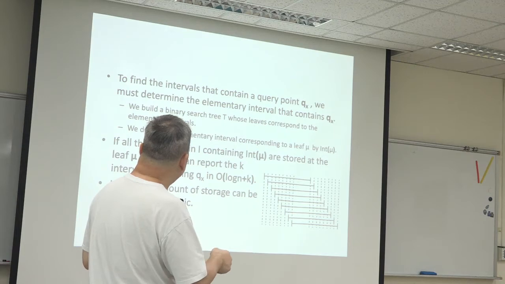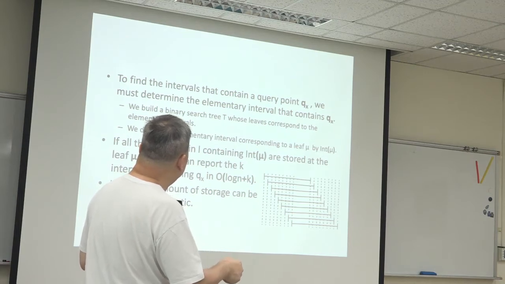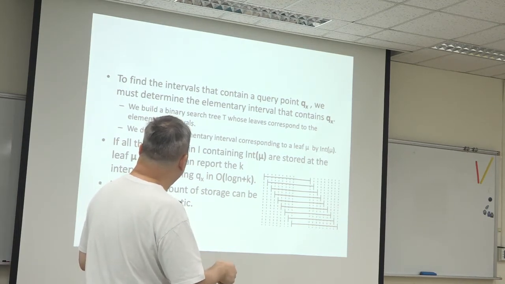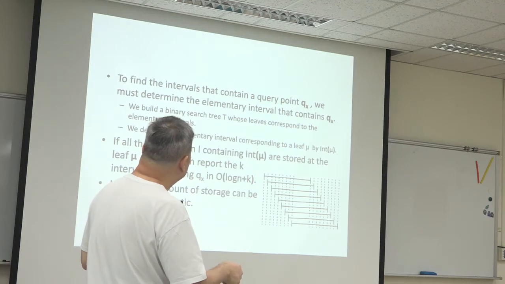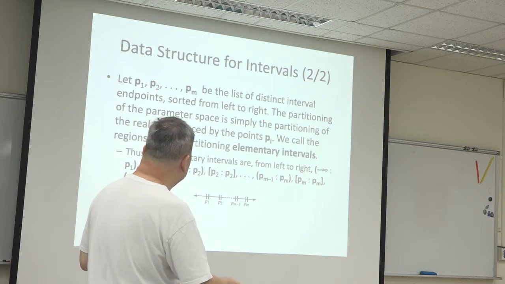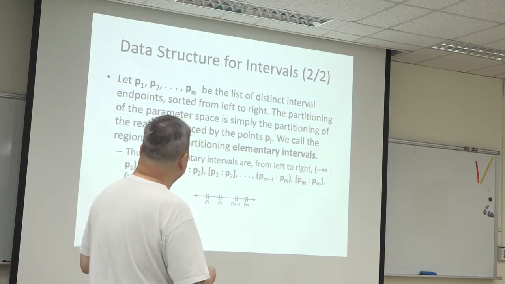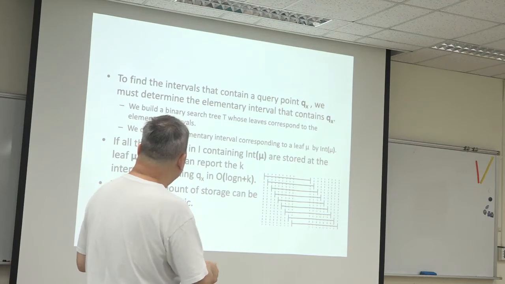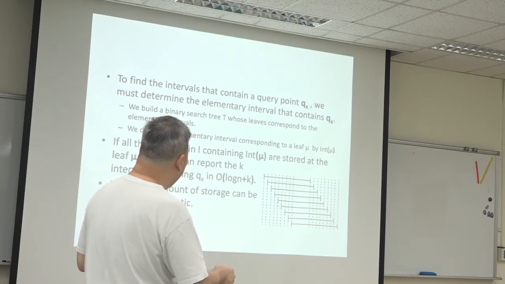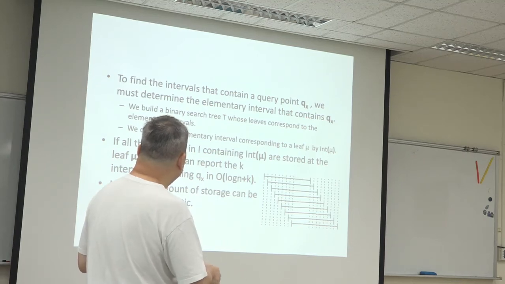To find the interval that contains a query point QX, we must determine the elementary interval that contains QX. So these are the elementary intervals, right? We build a binary search tree T whose leaves correspond to the elementary intervals.